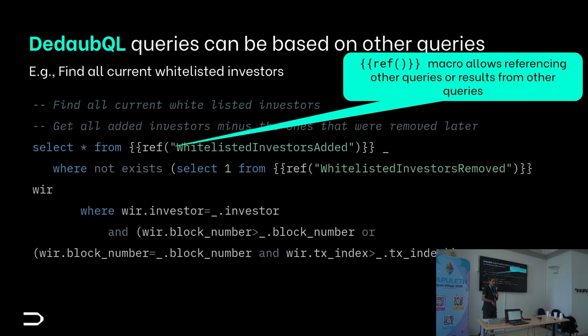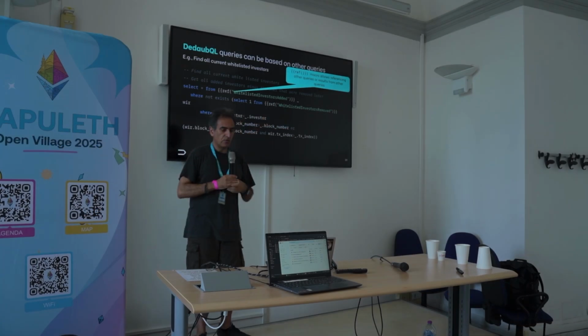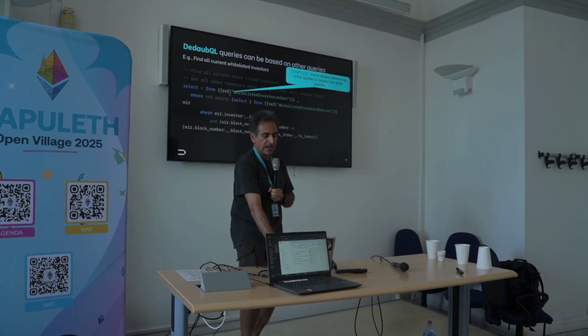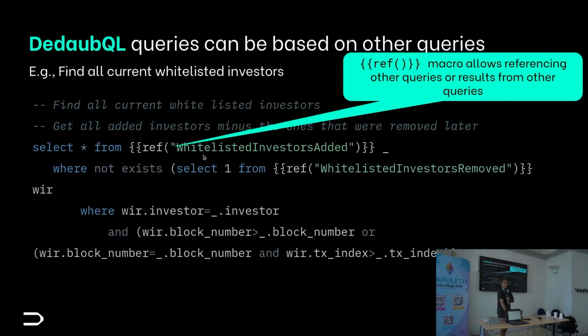Now, what we can do here is write queries and build queries on top of others. So for instance, another table gadget that we see here in the macro is ref. And this refers to the query that we saw before. The query that we saw before was whitelisted investors added, and it just found investors based on emitted events, whitelisted investors that were added.